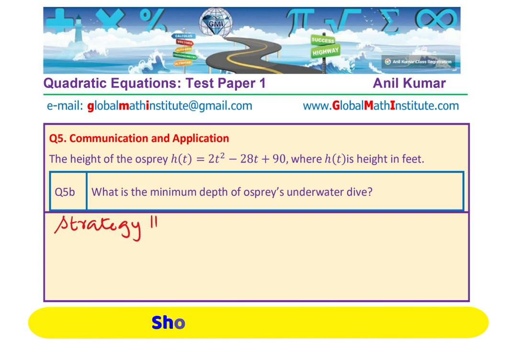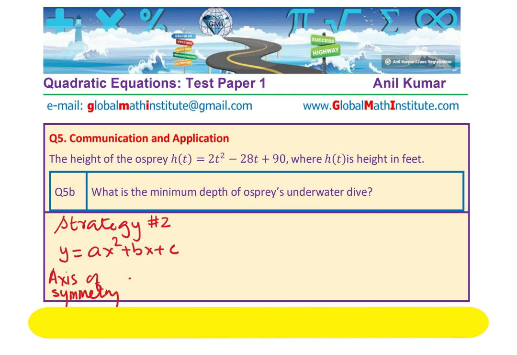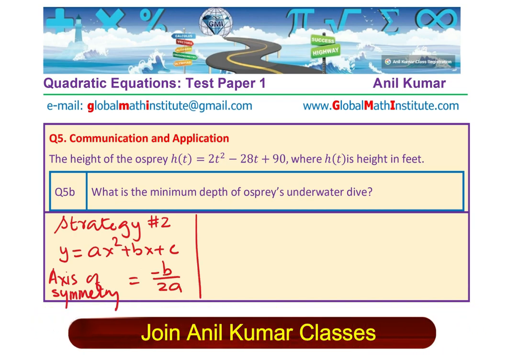I'll call it strategy number 2, which basically is that if you have an equation y equals ax squared plus bx plus c, in that case, the vertex, I should say the axis of symmetry, is at -b by 2a, right? And the value will be at that particular point, correct?